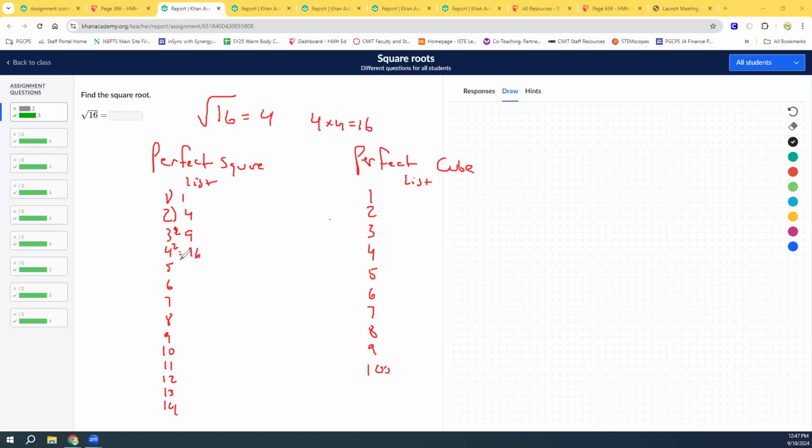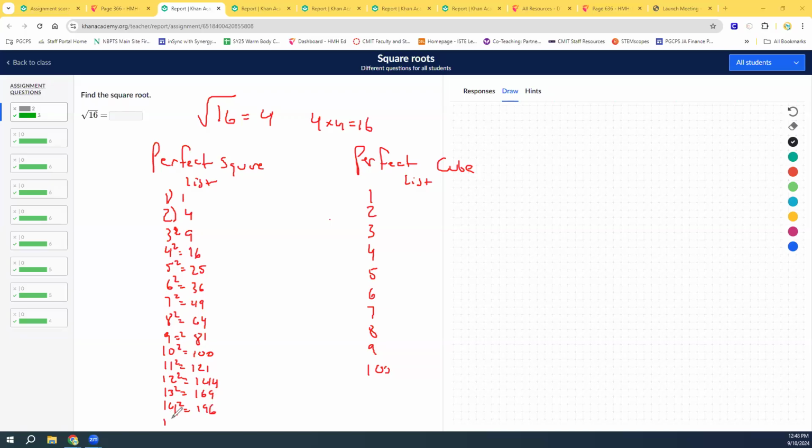4 squared is 16. 5 squared is 25. 6 squared, 36. 7 squared, 49. 8 squared, 64. 9 squared, 81. 10 squared is 100. 11 squared is 121. 12 squared is 144. 13 squared is 169. 14 squared is 196.